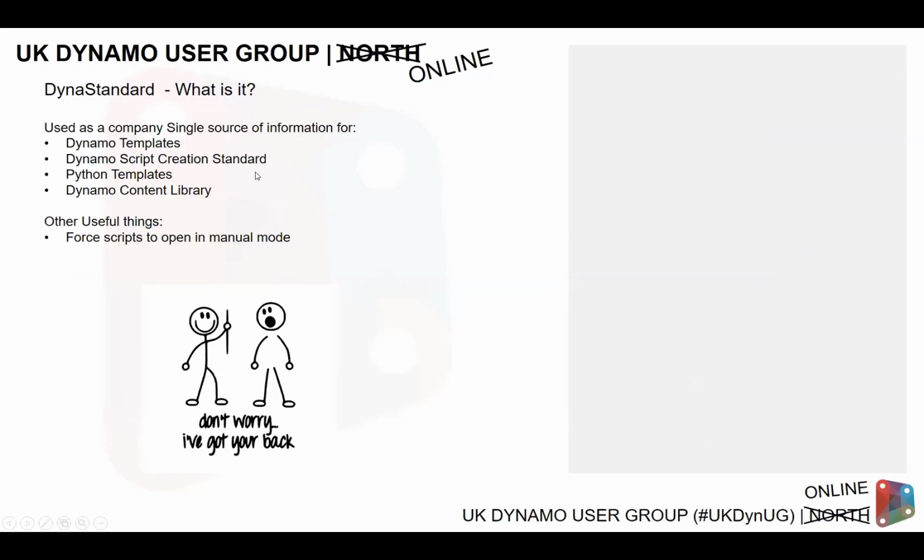What it is, it generally is more like a library. You can add templates to it, you can have your created scripts added to it, Python templates, and also your standard, if you've got a standard set.